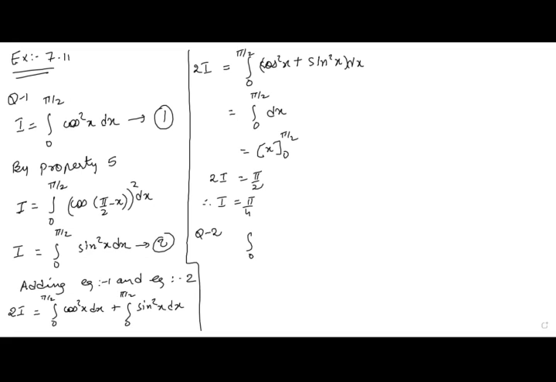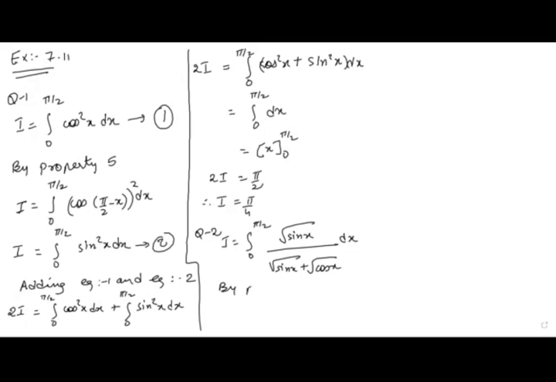Again, I will take this as I equals integration 0 to pi by 2 root sine x upon root sine x plus root cos x dx. Using property 5, I can replace this x with a minus x, and call this equation 1.